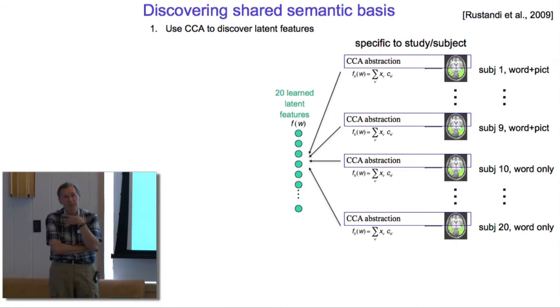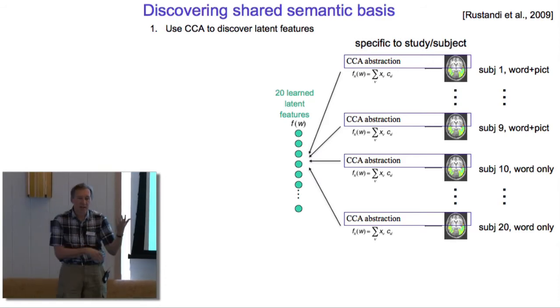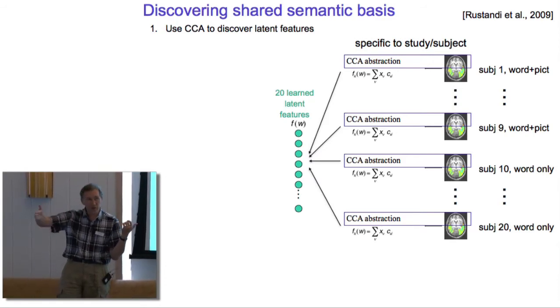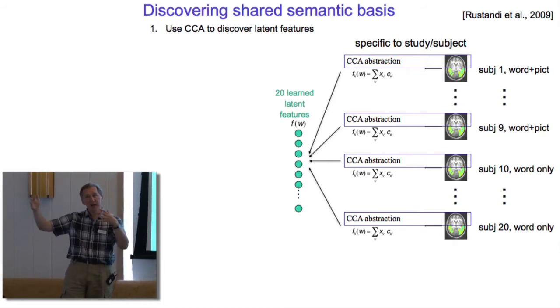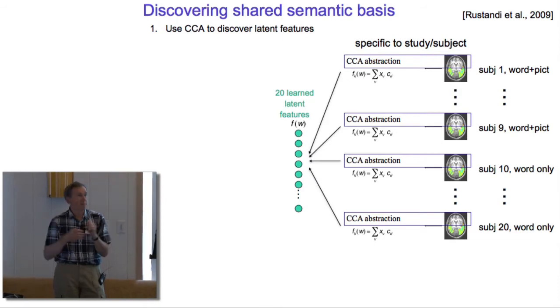And also, unlike the model that I talked about before, the overall model includes both subject-specific parameters that are being estimated differently for each individual person, and then subject-independent parameters that are also being estimated.